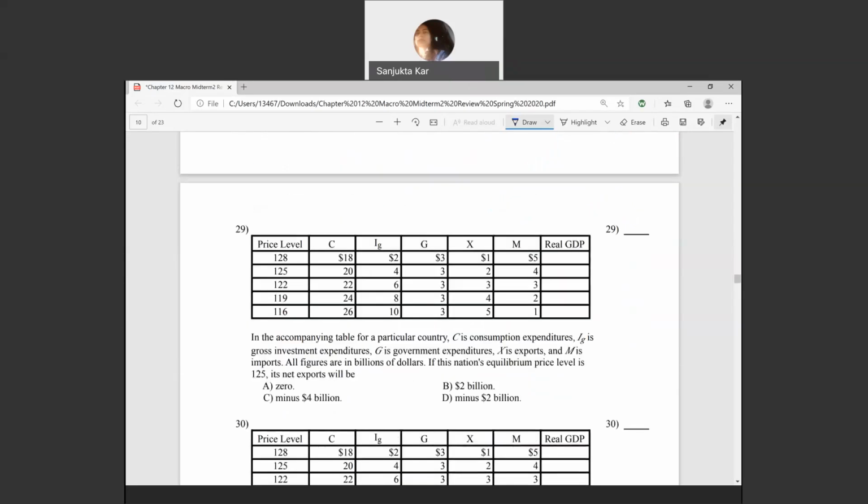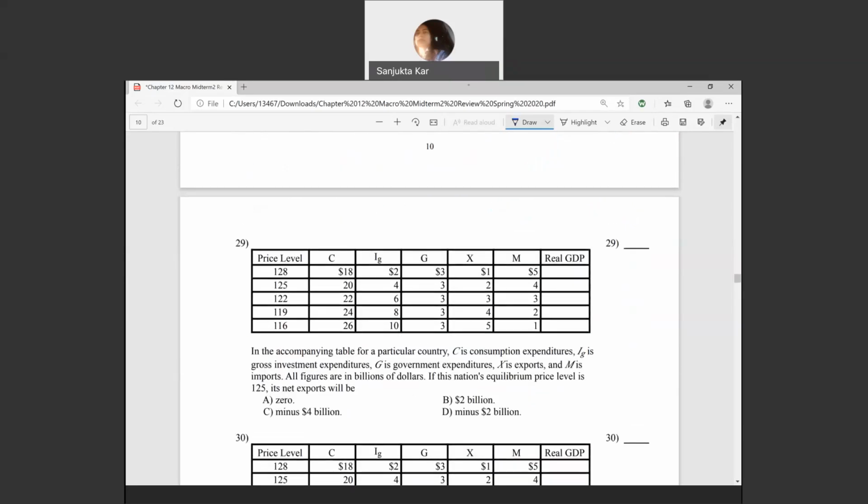Question number 29. In the accompanying table for a particular country, C is the consumption, I is the gross investment, G is the government expenses, X is export, M is import. The nation's equilibrium price is equal to 125. Then they're asking us what will be the net exports.